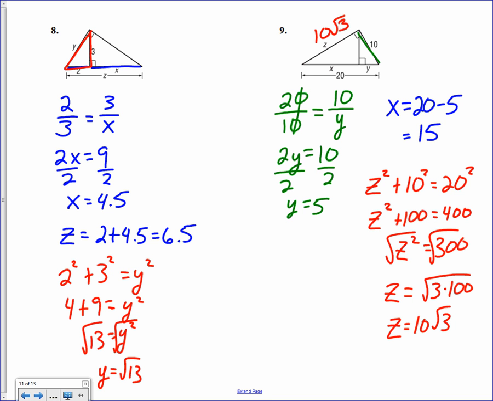And the answer, or the comment that I'm looking for, is that if you have a side of 10, and to get to the hypotenuse, you have to multiply by 2. And to get to the short side, you have to multiply by the square root of 3. We are dealing with a 30, 60, 90 triangle where this is 30, getting a little messy here, and this is 60.